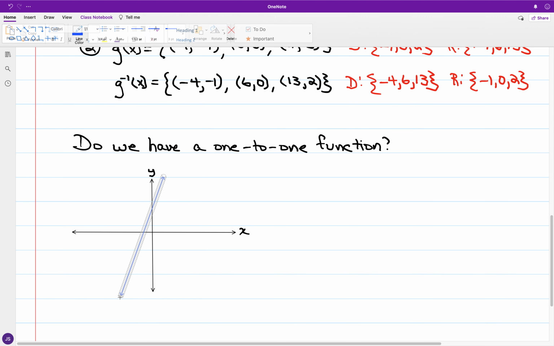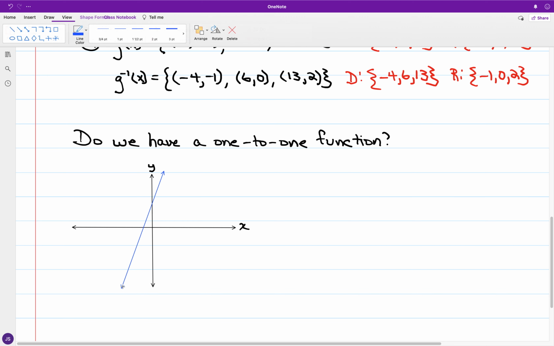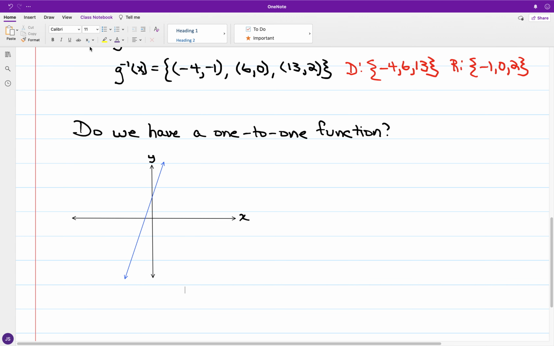And say we have something like y is equal to, or f of x is equal to 3x plus 4.